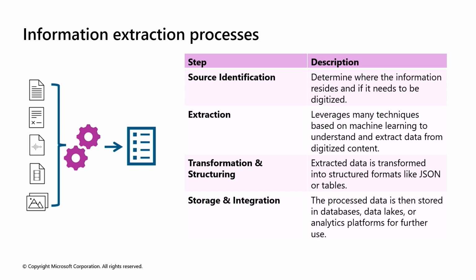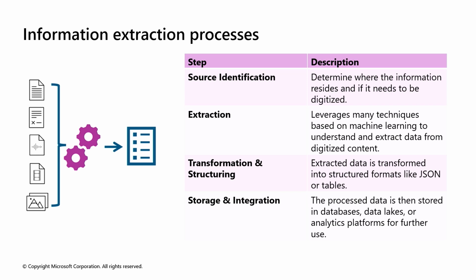Next comes extraction, where machine learning techniques pull data from the digitized content. After that, the data is transformed and structured into formats such as JSON or tables. Finally, the processed information is stored in databases, data lakes, or analytics platforms for further use.